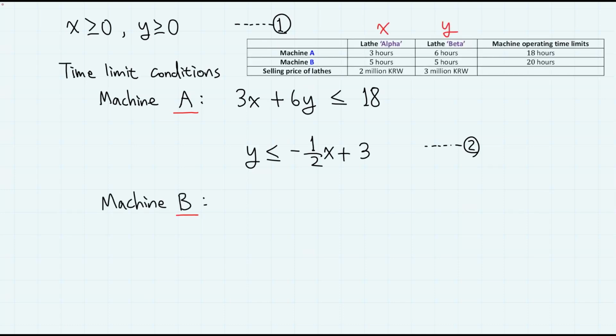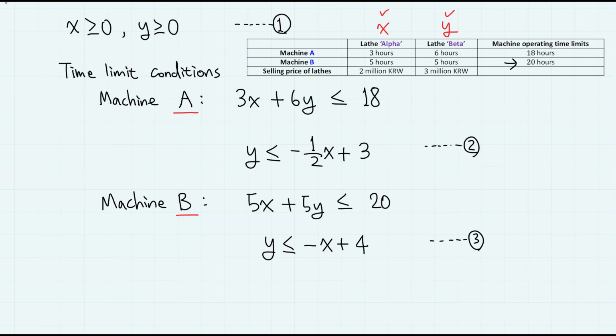As for machine B, it is used for 5x hours to produce alphas and 5y hours to produce betas, and since the limit is 20 hours, we have 5x plus 5y less than or equal to 20, which can be simplified to y is less than or equal to minus x plus 4. And this is inequality number 3.